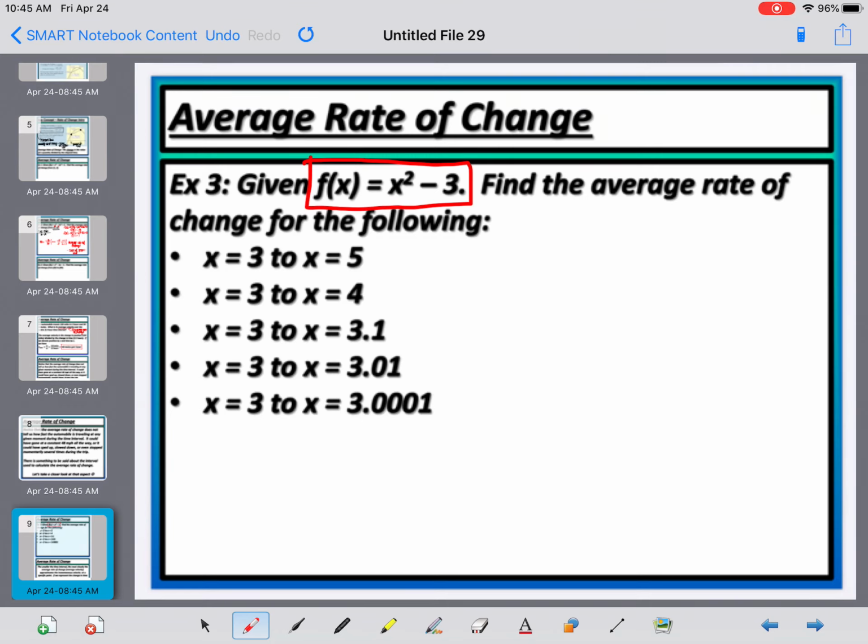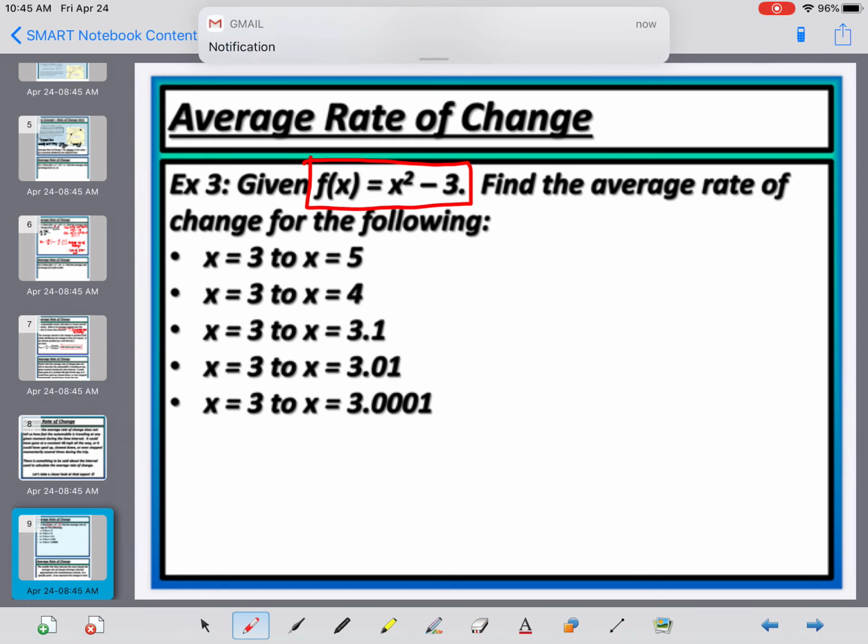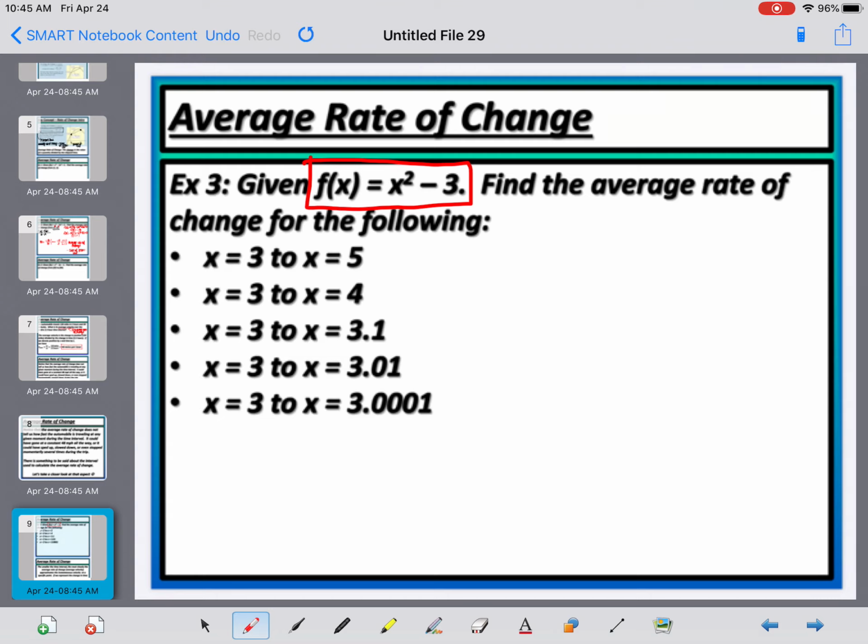So from x equals 3 to x equals 5, we're looking at a time interval of 2. From x equals 3 to x equals 4, we're looking at a time interval of 1. And you can see we're progressively getting smaller and smaller for our time intervals. So we really want to see what happens as I shorten or lengthen these time periods.